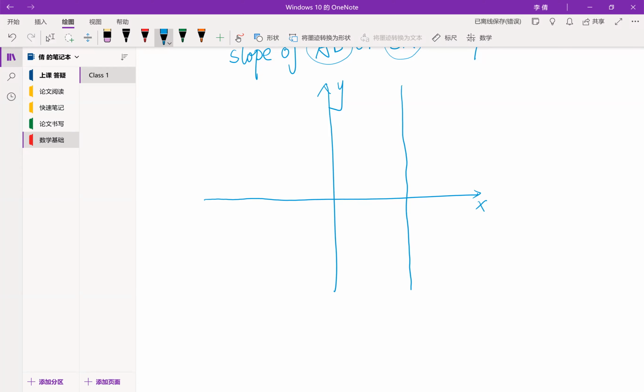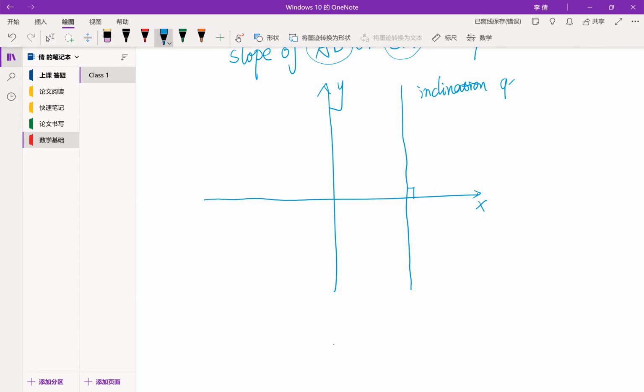But the angle of inclination of this line is equal to what? 90 degrees. Yeah, the inclination of this line is equal to 90 degrees.